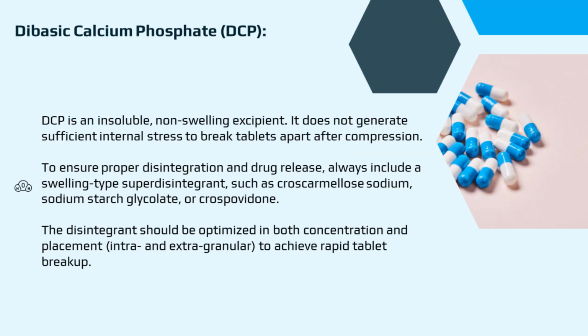Dibasic calcium phosphate is an insoluble, non-swelling excipient. Because it does not generate sufficient internal stress during hydration, it cannot independently promote tablet breakup after compression. To ensure proper disintegration and effective drug release, a swelling-type superdisintegrant must be incorporated, such as croscarmellose sodium, sodium starch glycolate, or crospovidone.